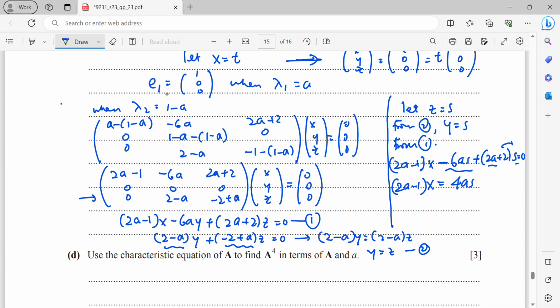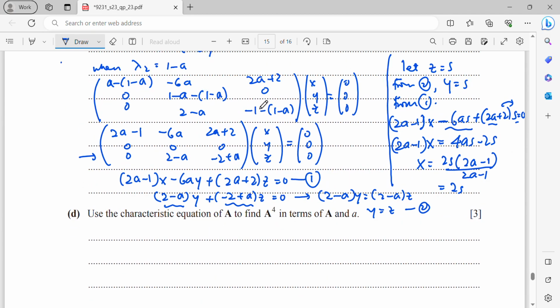Okay, and this is 2s. So when you move to the other side, it's minus 2s. So now my x is going to be, for the right hand side, 4as minus 2s, the 2s is in common. So I will get (2a minus 1) over (2a minus 1) from the x. Therefore, my x is actually 2s. Okay, so once I get this, I need to rewrite.